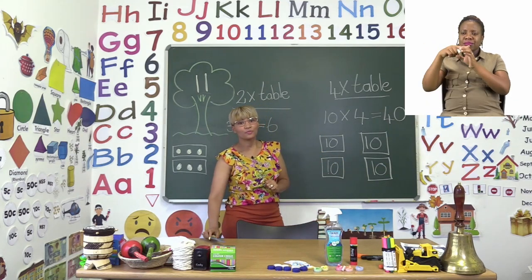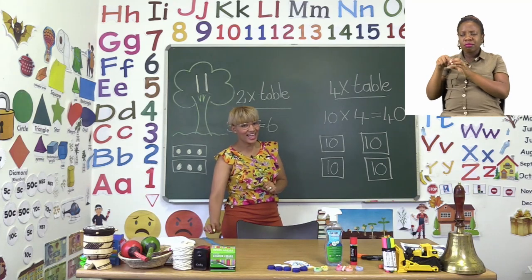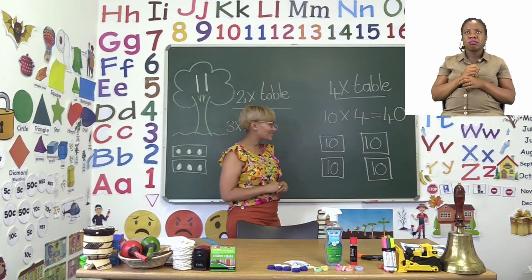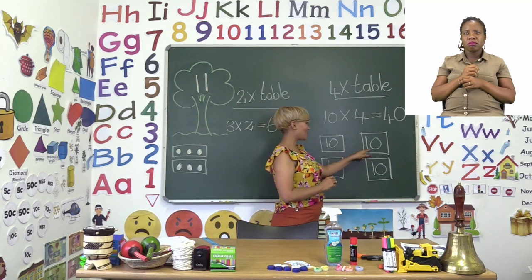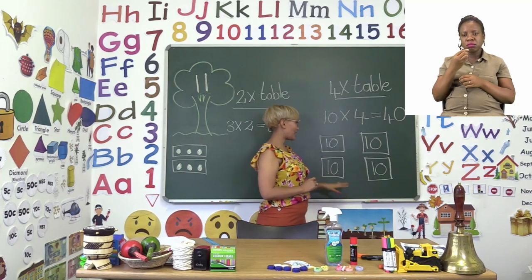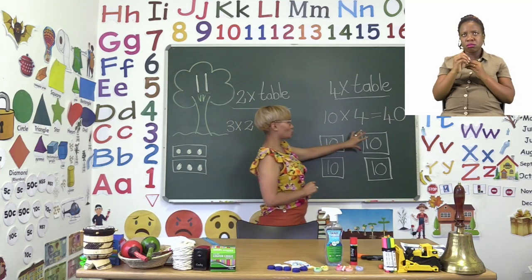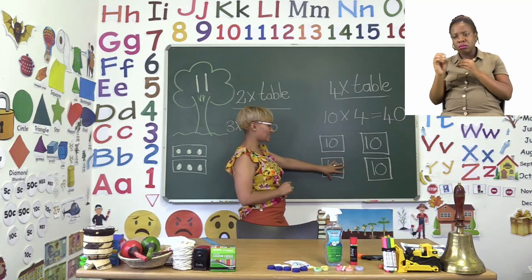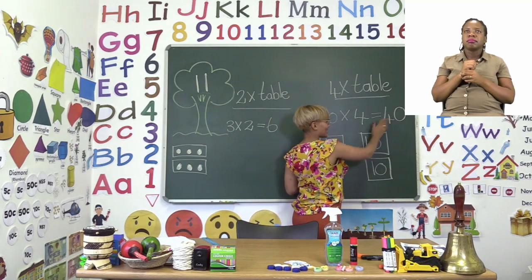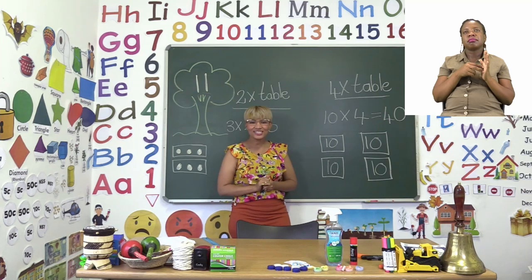Now when we have to multiply 10, that's actually kind of nice everyone, because this means that we can go ahead and count in tens. So we will say it is 10, 20, 30, 40. And that means that is the same as our answer.